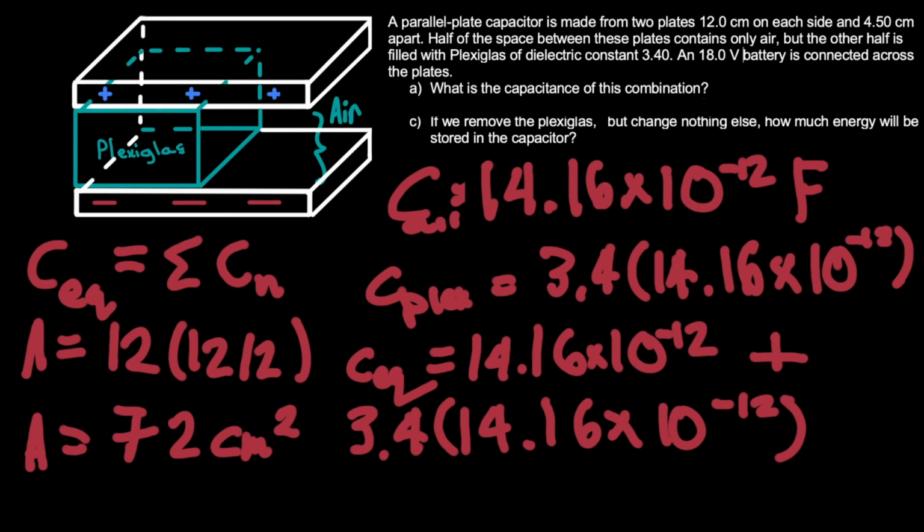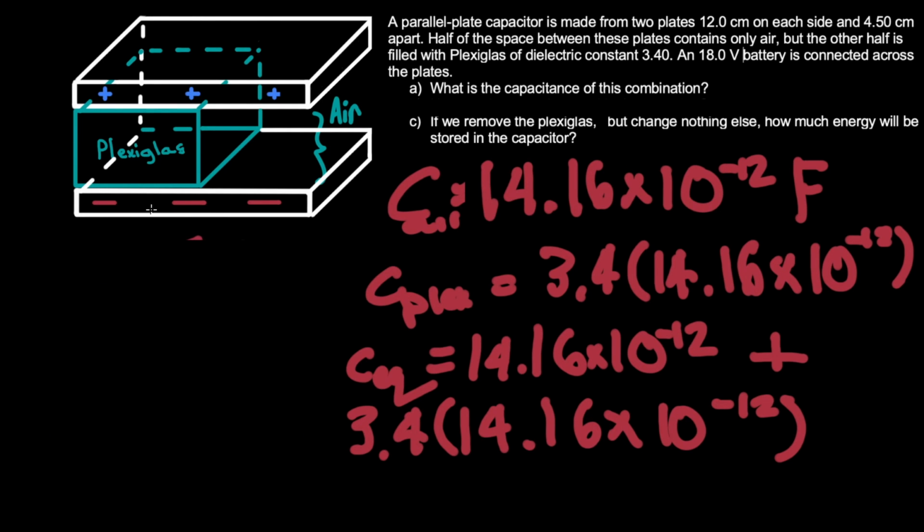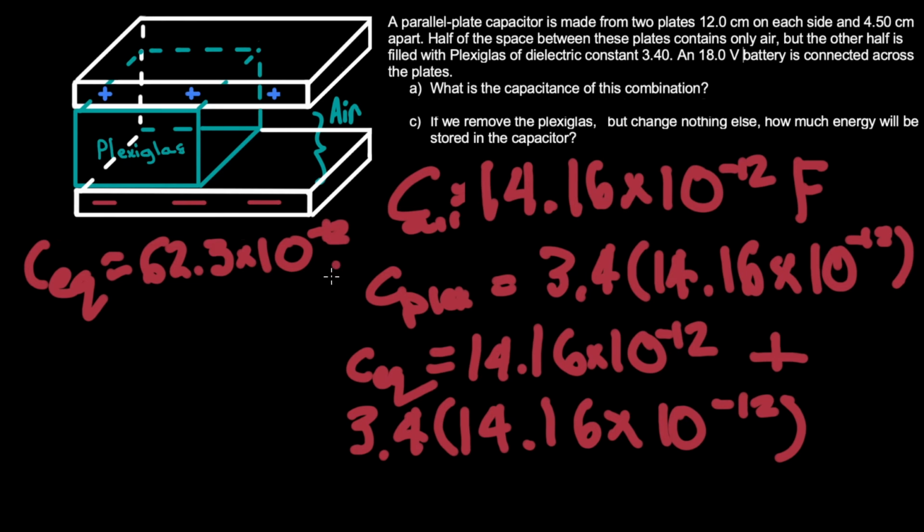And so then I'm going to clear up some space just so that we have room to write our actual answer here. And so our equivalent capacitance is then going to be equal to 62.3 times 10 to the negative 12 farads. And then that is our answer for the first part of that question, A.